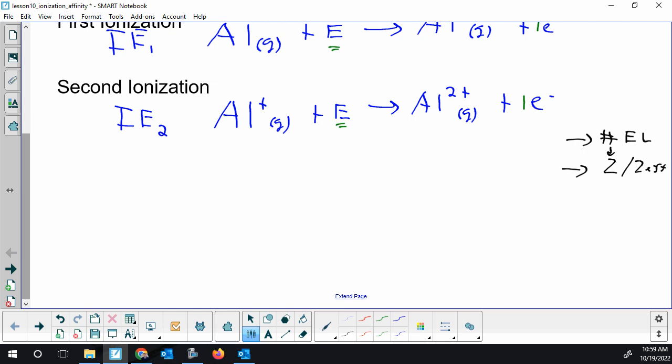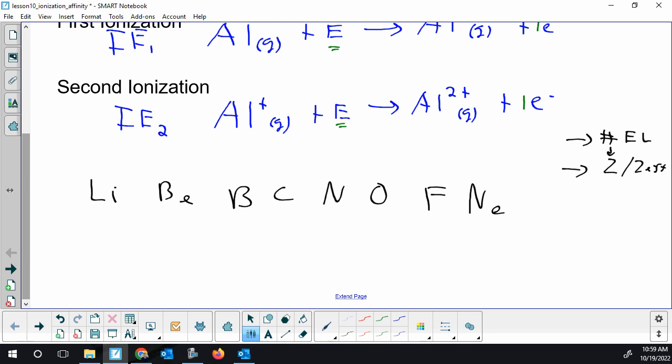So let's take a look at the trends across period 2. So we've got lithium, beryllium, boron, carbon, nitrogen, oxygen, fluorine, and neon. And we want to think of what sort of controlled variables, what is changing or manipulated variables.